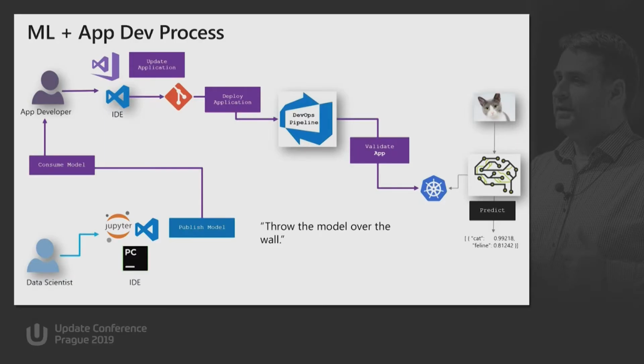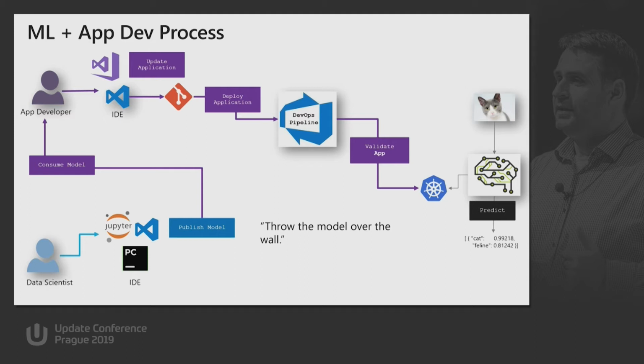So when you try to mix machine learning and application development processes, today, in most cases, what you see is an approach that is scientifically called throw the model over the wall. Right? There's a big wall between app developers and data scientists. Data scientists are fiercely protecting their realm. Nobody should be allowed in there. Nobody should understand what they are doing because they are demigods, right?